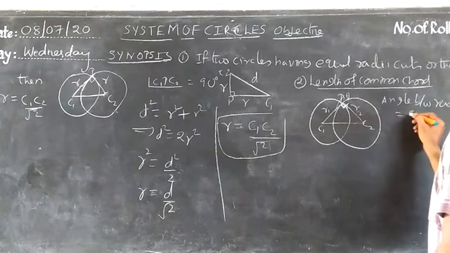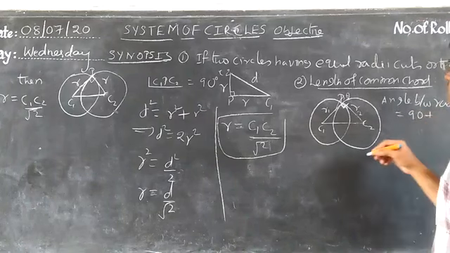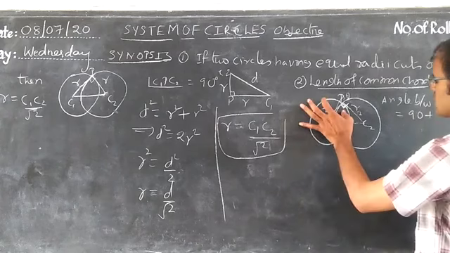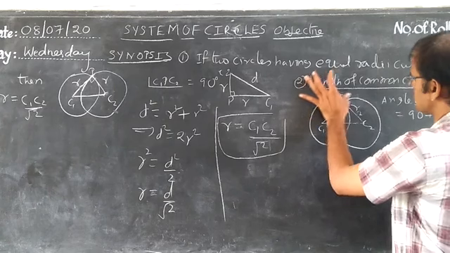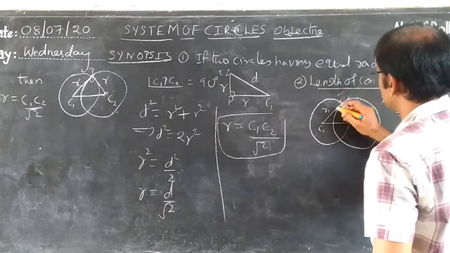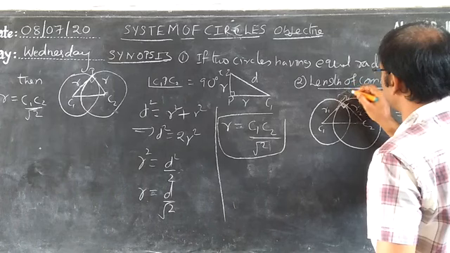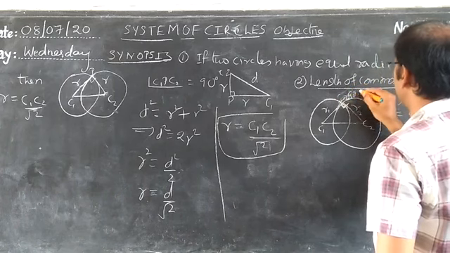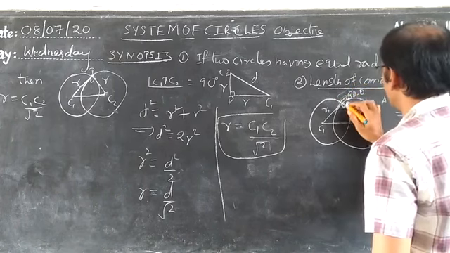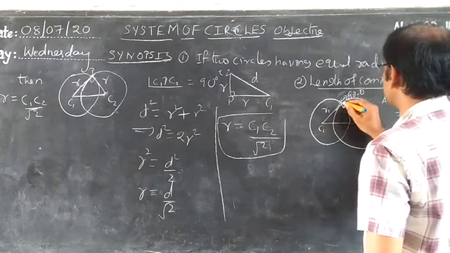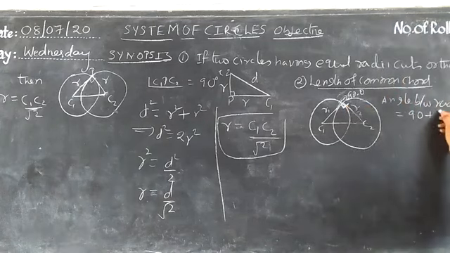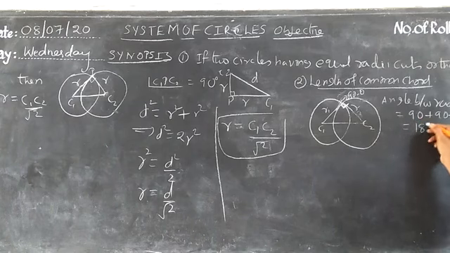If the angle between tangents is theta, this is 90 minus theta. So the angle between radii is 90 plus 90 minus theta, which is 180 minus theta.